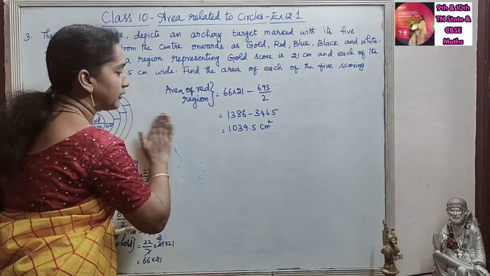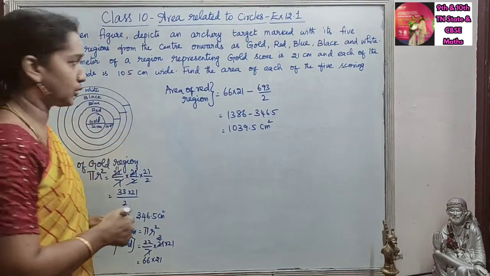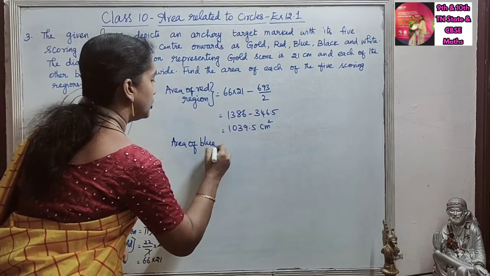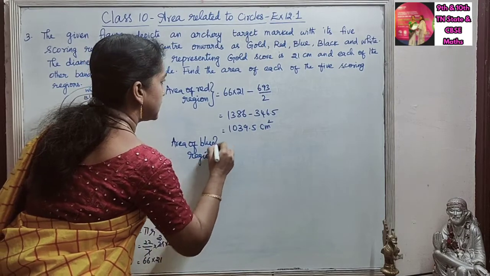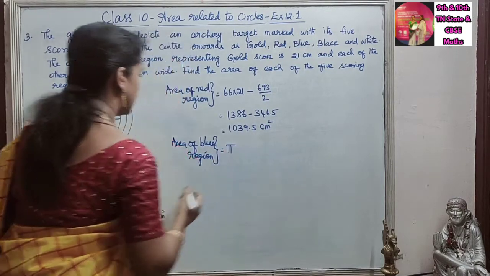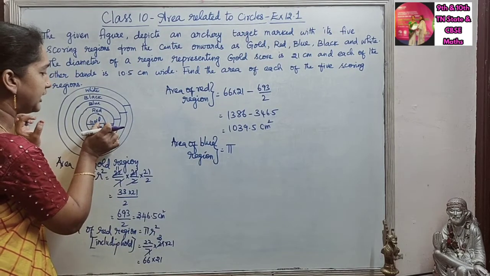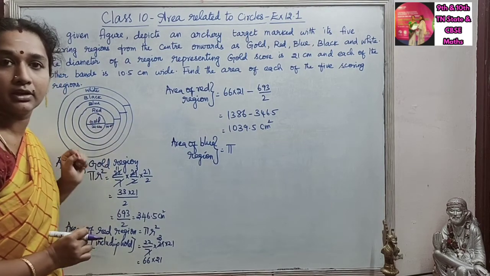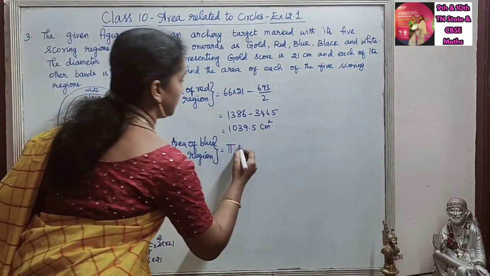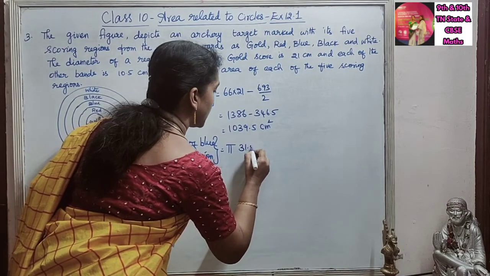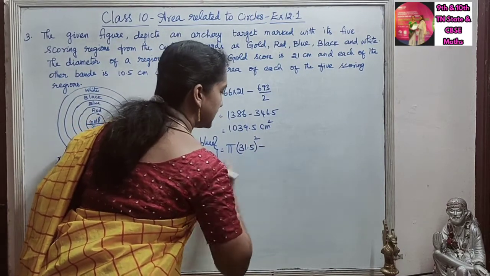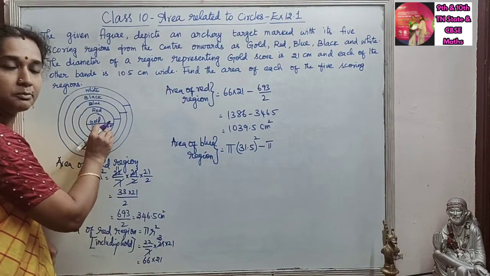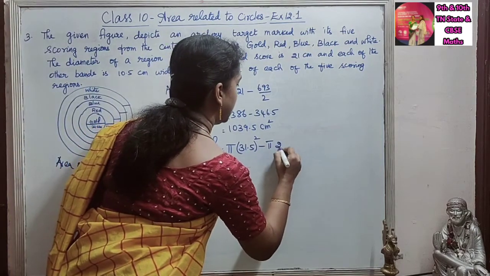So the same way we have to do for the other parts also. So area of blue region is equal to pi. So this blue region radius will be 10.5 plus 10.5, 21. 21 plus 10.5, it is 31.5. So 31.5 the whole square minus pi into this area, that is 10.5 plus 10.5 is 21, 21 square.